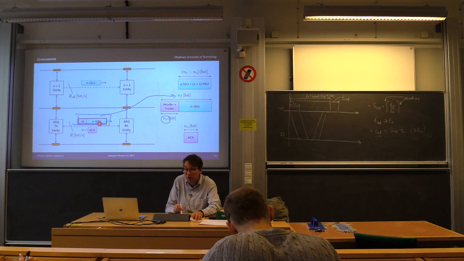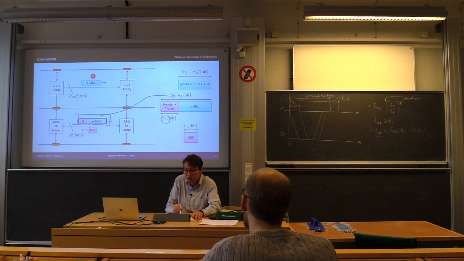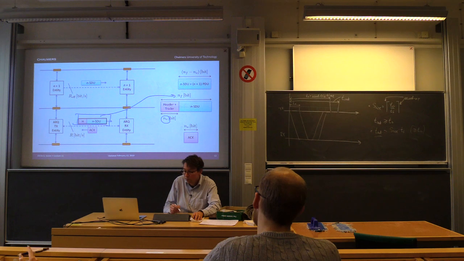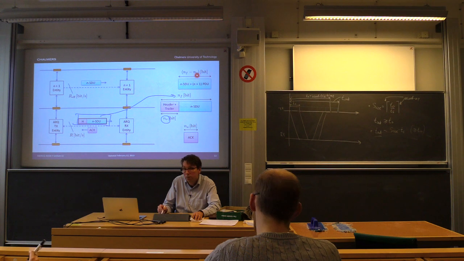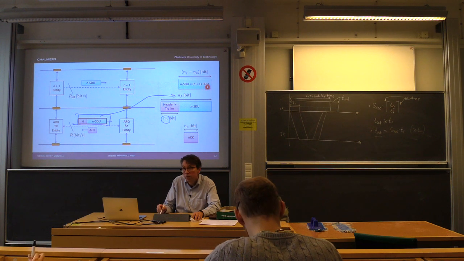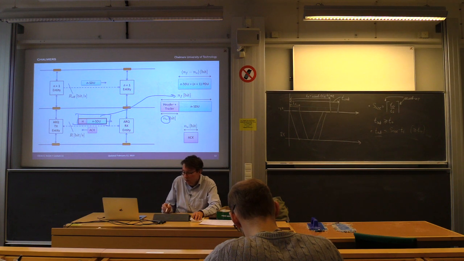It doesn't care about the headers; it only cares about its payload. So the useful bits for the layer above are NF minus N0. These are the payload bits. And then we have an acknowledgement with NA bits here. Questions on that?